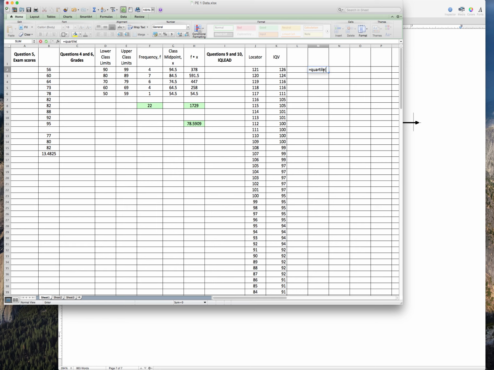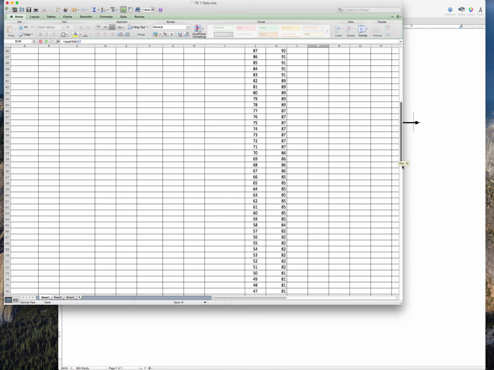And then I hit a left parenthesis, and I select the array, which is K2 to K122, I think.